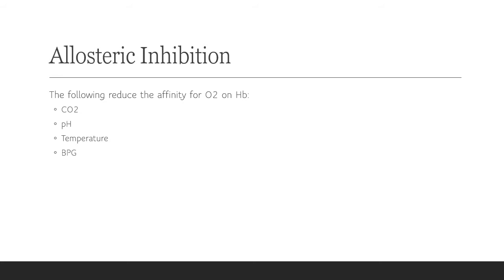This will cause the O2 to detach from the hemoglobin due to a change in the hemoglobin shape. This provides room for carbon dioxide to bind. Other things that change the affinity for O2 to bind to hemoglobin are the pH, the temperature, and 2,3-biphosphoglycerate. All of these act as an allosteric inhibitor.